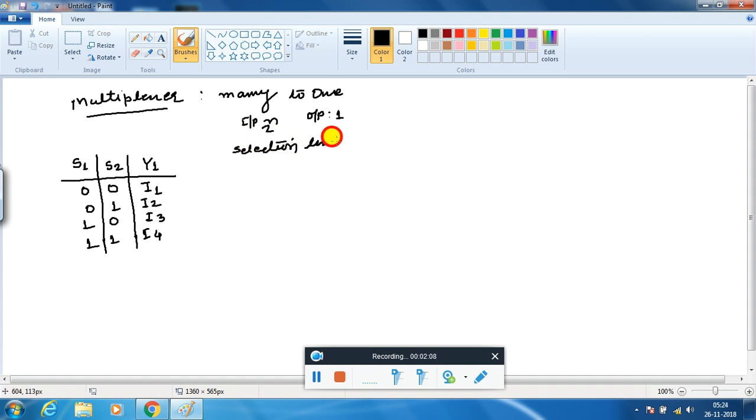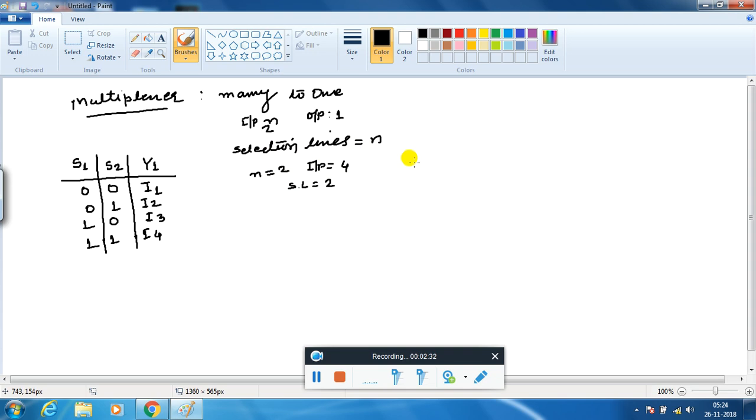These will be n selection lines. So this is the relationship between the inputs and the selection lines. Suppose n is equal to 2, then how many inputs are there? Inputs will be 4, and how many selection lines? Selection lines will be 2.